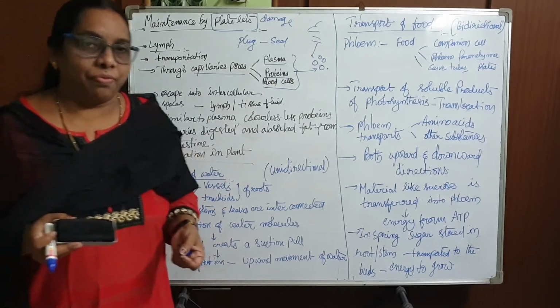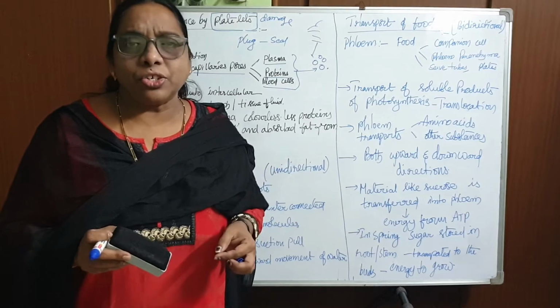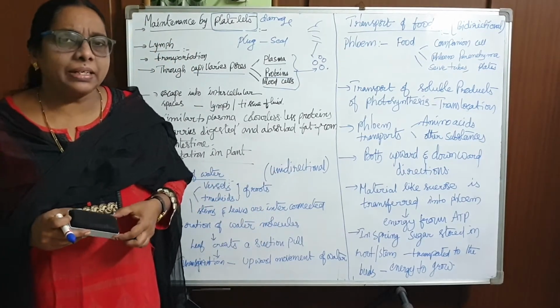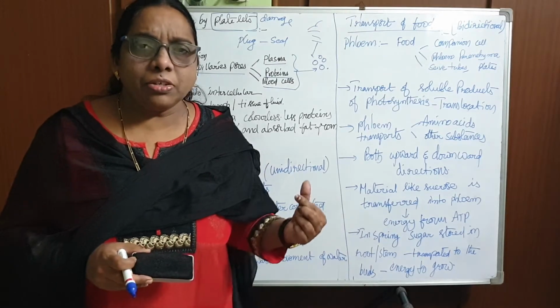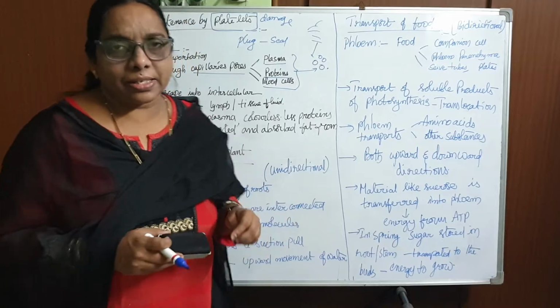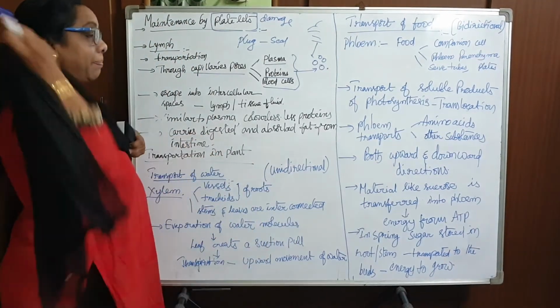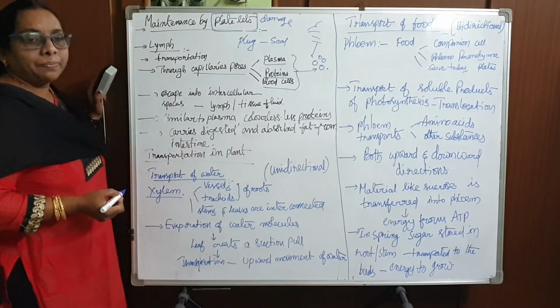Lymph or tissue fluid. Actually the lymph is similar to the plasma, but the plasma is slightly yellow in color and alkaline in nature, whereas the lymph is colorless. You can say it is similar to the plasma but colorless and less in proteins.